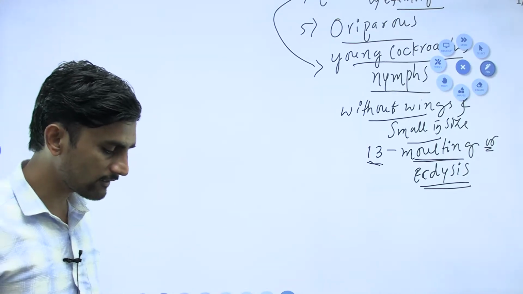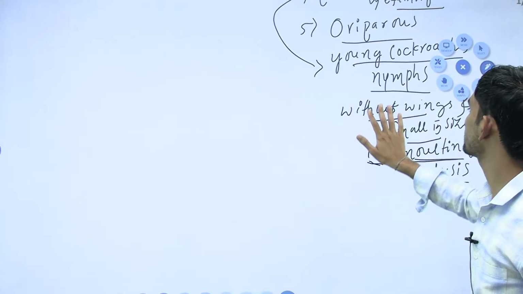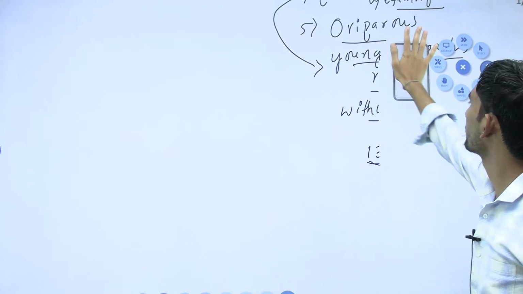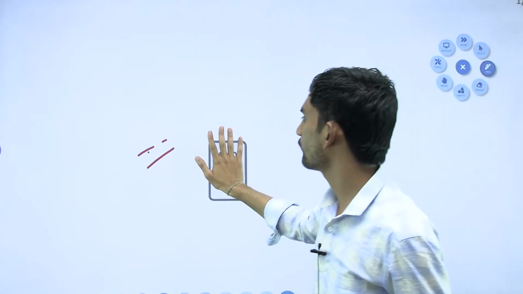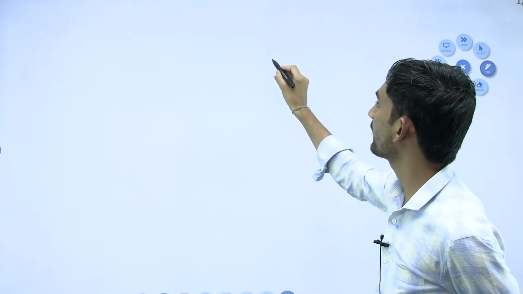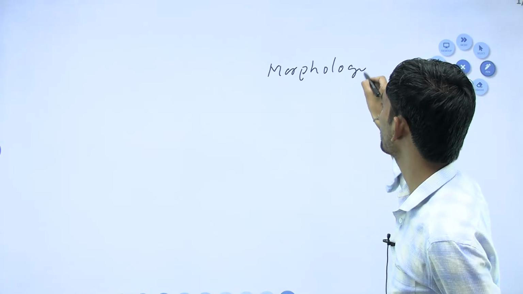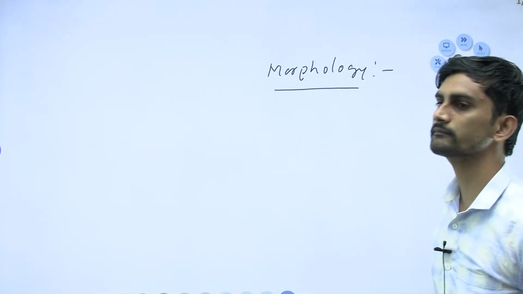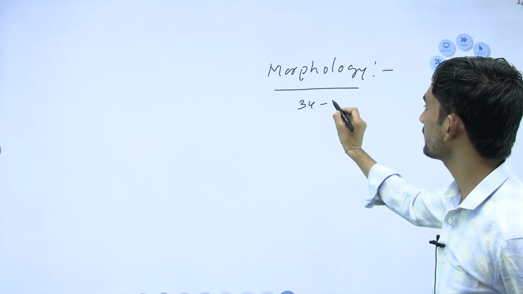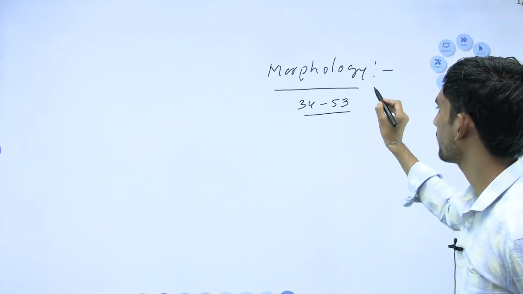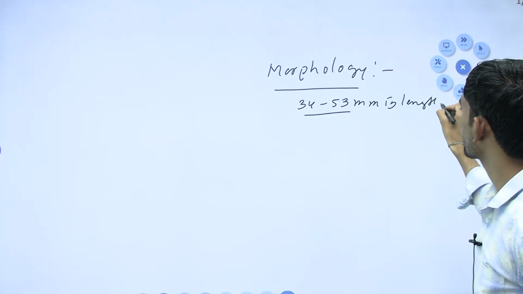Then followed by another very important thing you should remember: morphology, how it looks. Morphology also matters, including color and size.